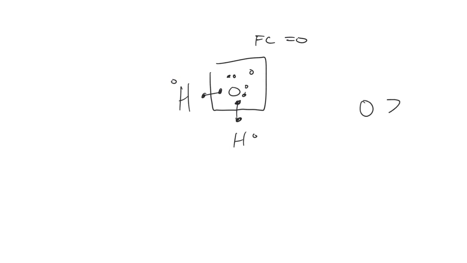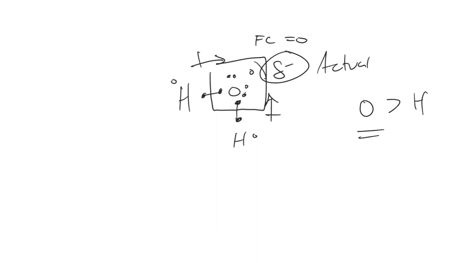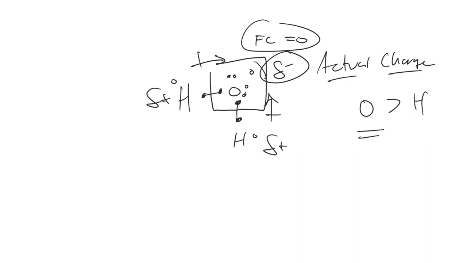O's more electronegative than H, so oxygen is going to be pulling those bonding pair electrons closer in towards itself. So oxygen is really going to have a partial negative, actual charge. So the formal charge is 0, but the actual charge of oxygen in water would be negative. And then we'd end up with some partial positives on hydrogen, where they're obtaining the positive charge because they're less electronegative.